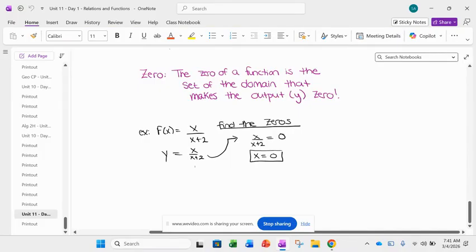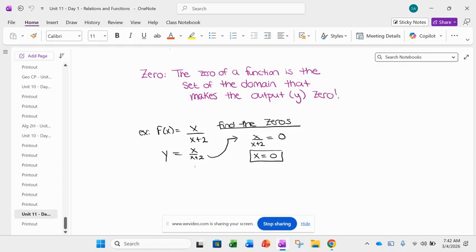All right, the other thing is finding the zeros of a function. Now, when we find the zeros of a function, we're saying what input would I put in for x that would give me an output of 0, right? Because the zero of a function is where our graph crosses the x-axis. And what happens where we cross the x-axis?